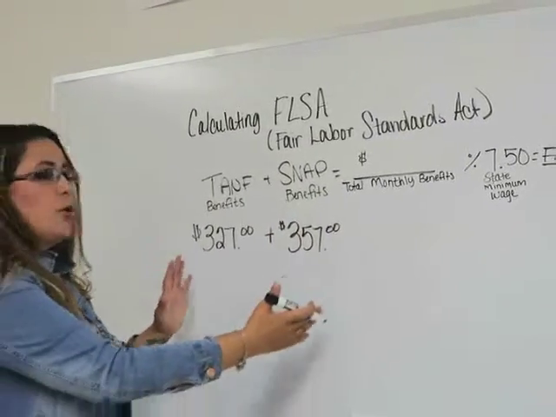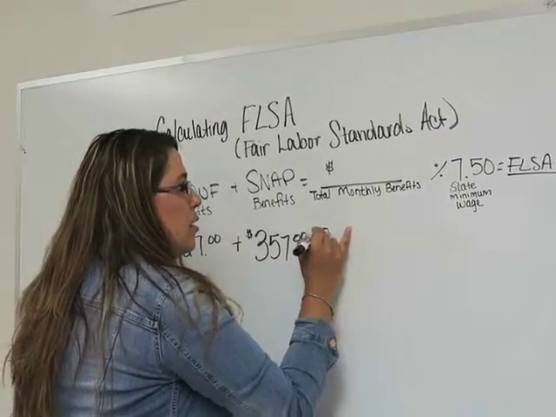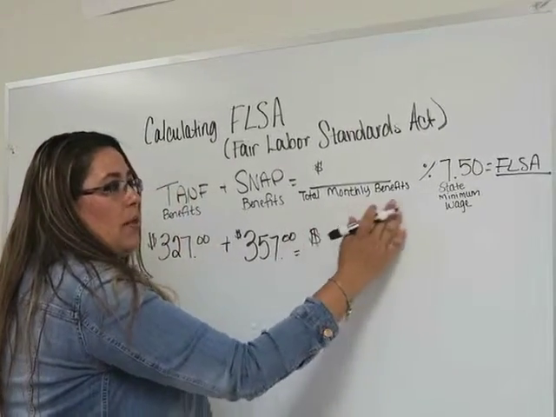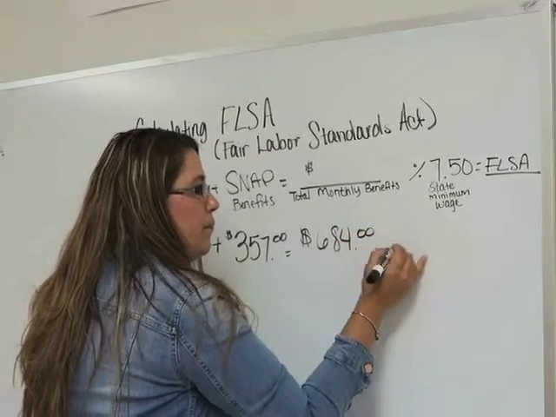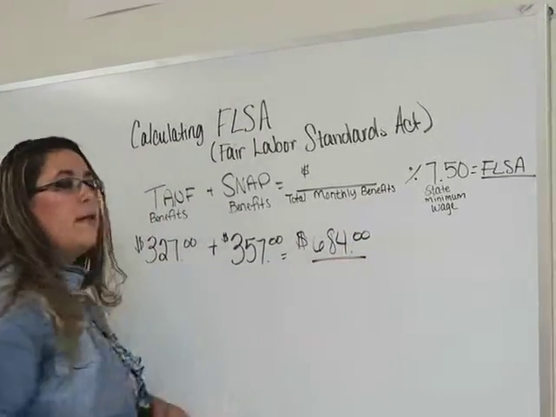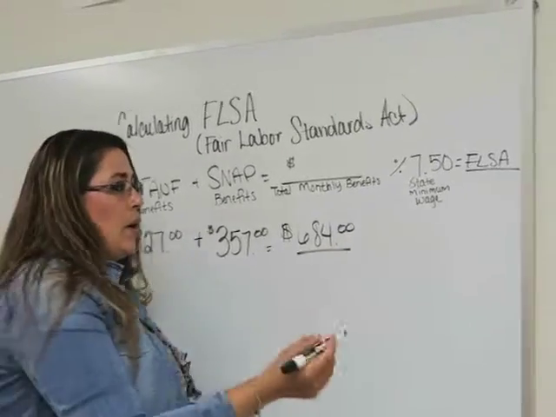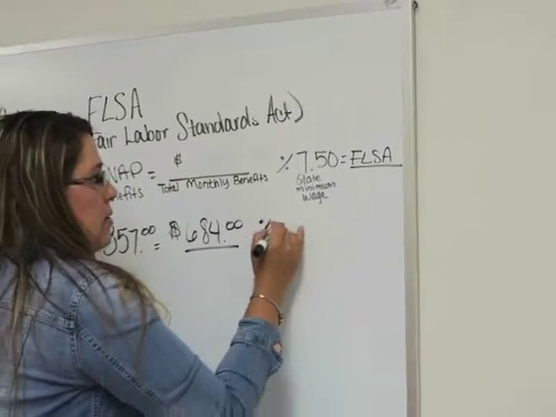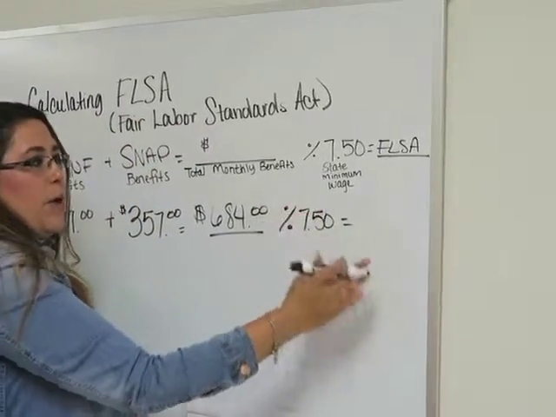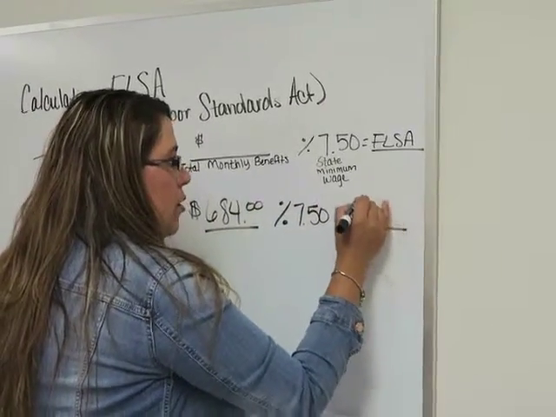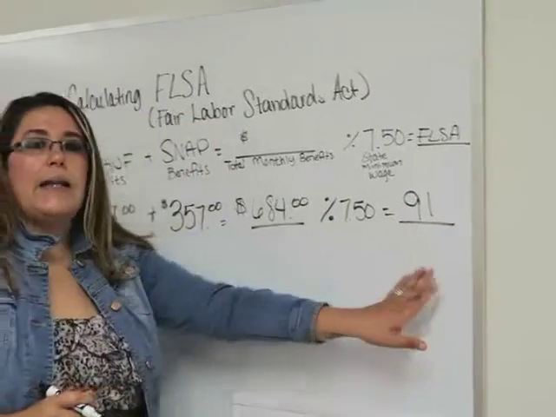We're going to add those two amounts together in order to get the total monthly benefit, which in this case is $684. This is the total benefits that they were given, and we're going to divide that by 750, which is the state minimum wage, and we're going to get a number, which is 91.